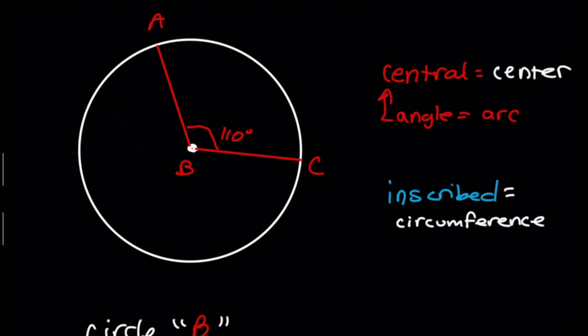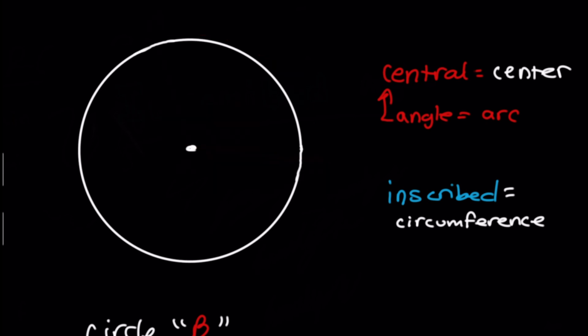The central angle will equal the arc. So the length of this arc right here will be 110 because that's just the theorem. It's called the central angle theorem, and it's that the angle in the center is the same as the arc length, or you can call this the intercepted arc.